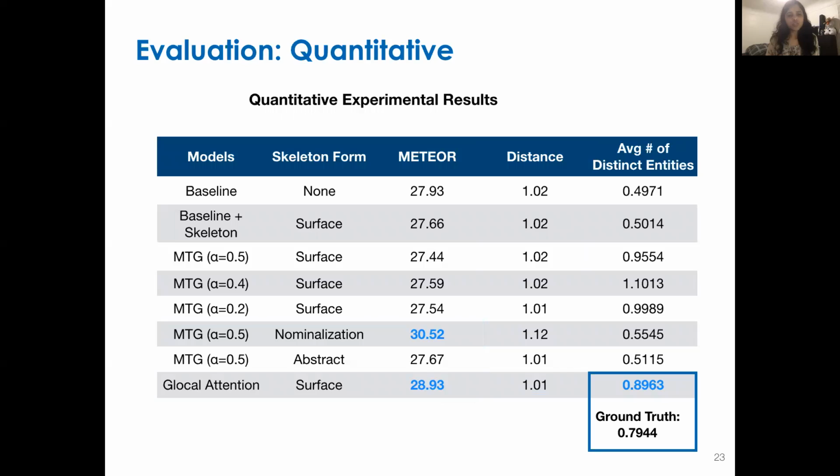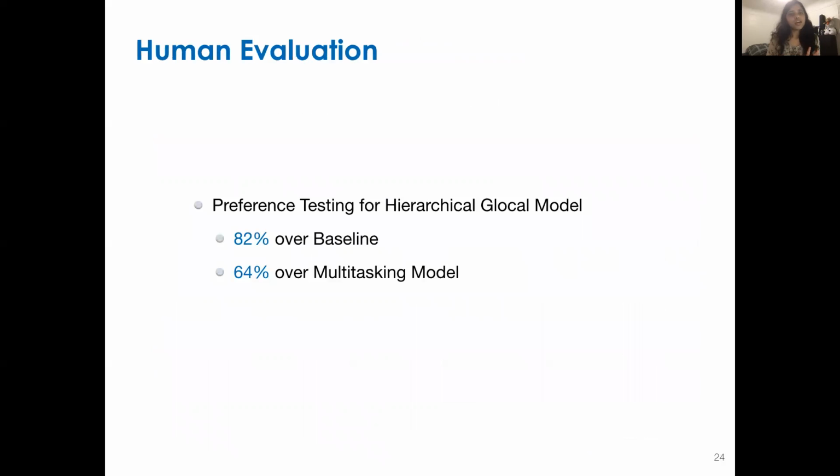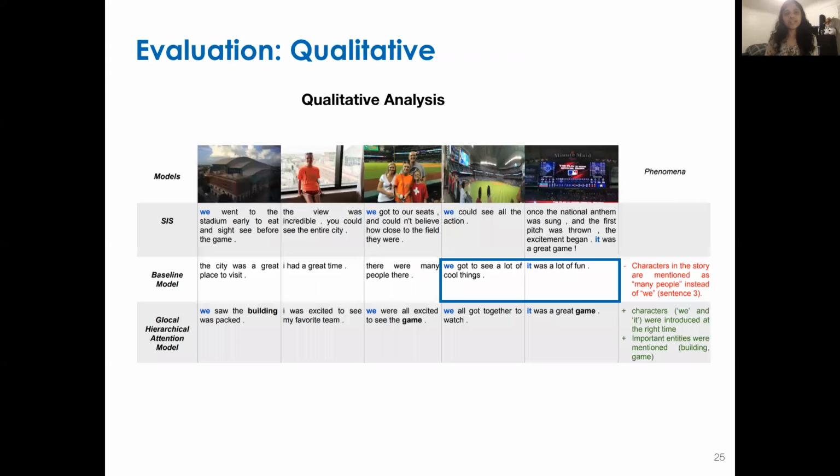And the last column shows the average number of distinct entities in the generated stories, and the number of the ground truth entities is about 0.7944, and it is closest to our hierarchical local attention model. We'll have a closer look at the entities in a bit. We also conducted human evaluation, which resulted in a preference of about 82% over the baseline and 64% over the multitasking model.